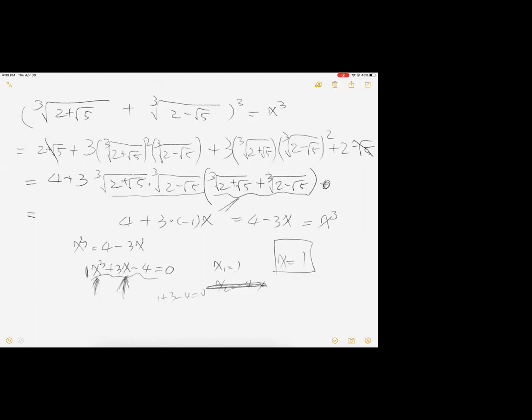I have another one. Okay, Raghav? Yeah, Leo, you have another thought? Instead of making the whole thing x, I made 2 plus the cubic root of 2 plus square root of 5 equal to a, and the cubic root of 2 minus square root of 5 equal to b.